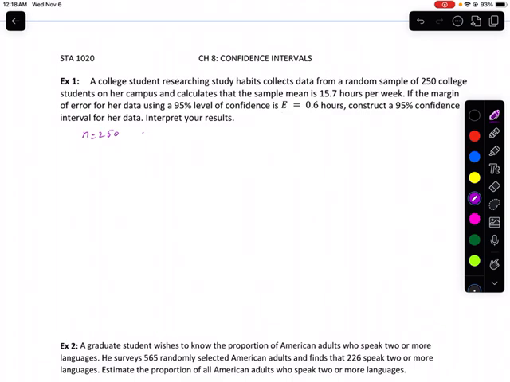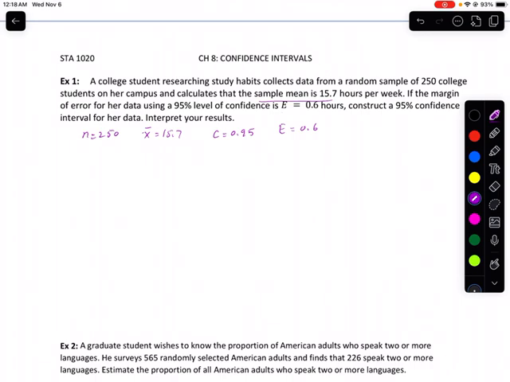The mean, this is the sample mean, which means it is x bar. Our level of confidence C is 0.95, E is 0.6. So, now we have to construct a 95% confidence interval and then interpret it.